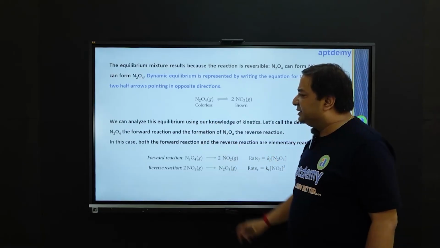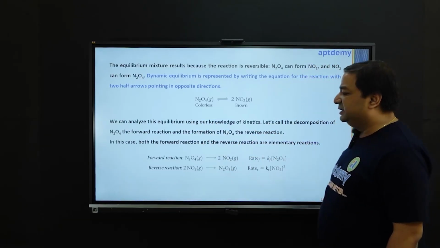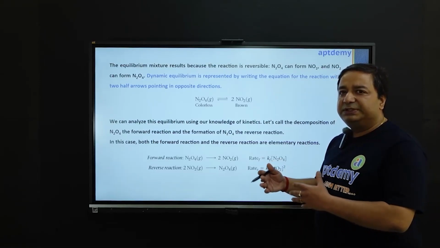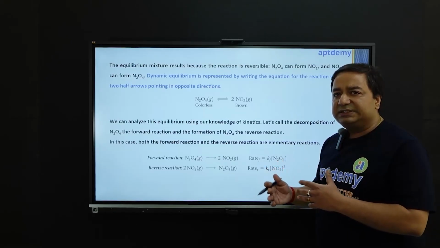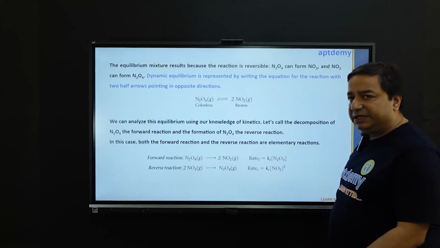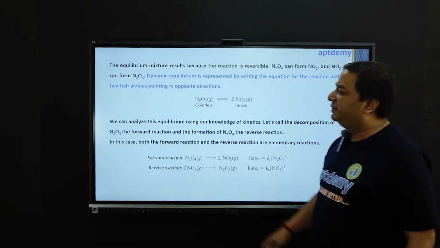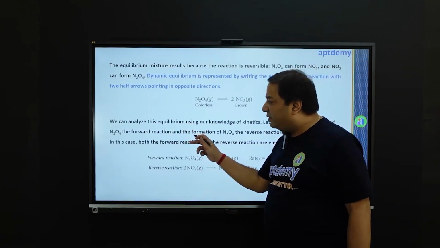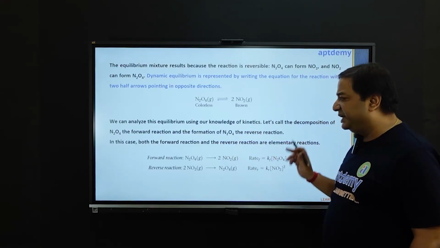We can analyze this equilibrium using our knowledge of kinetics, that is, the change in the concentration of the reactants and the products as the reaction proceeds with time. Let us call the decomposition of N2O4 the forward reaction and the formation of N2O4 the reverse reaction.